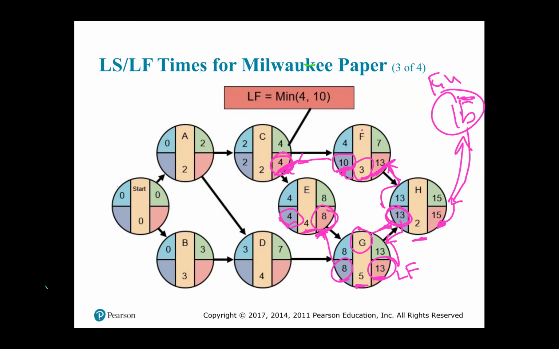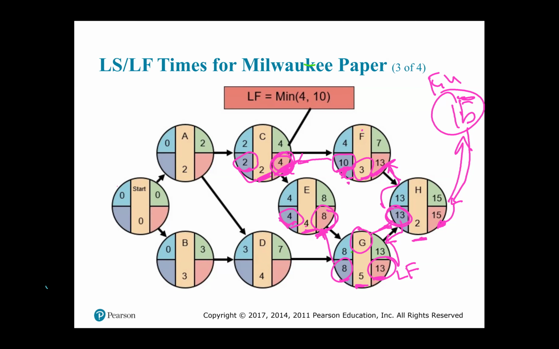So hence for C, the late finish becomes the minimum of the late start of its immediate following activities. So 4 being the late finish for C, you will subtract the activity time of 2, and hence you get the late start that I circled in pink of 2.